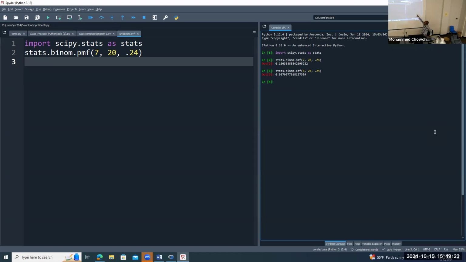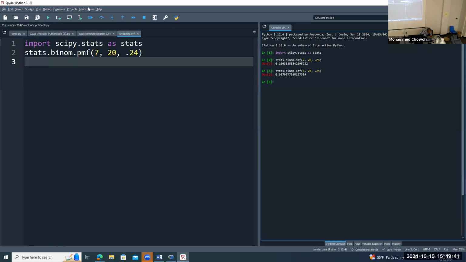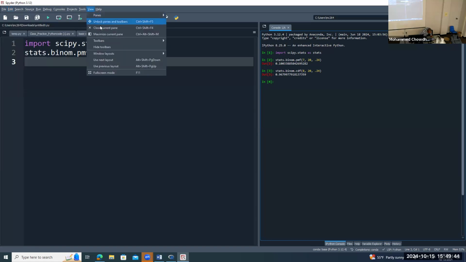Can you see the Python output from the back? Can you see this? You can see the code, but you cannot. So there is a way to do this. I think edit. Let me see, edit. Maximize current plan, toolbars.